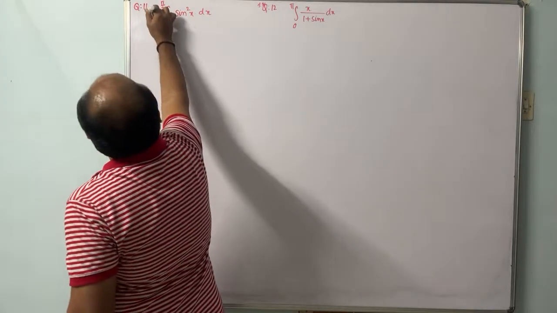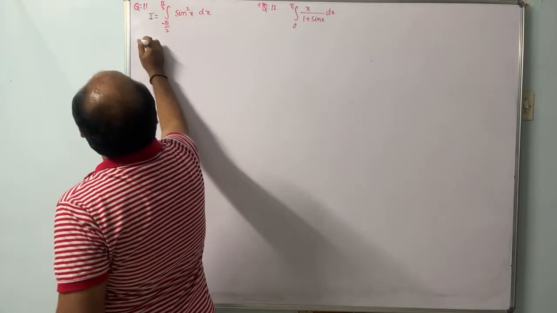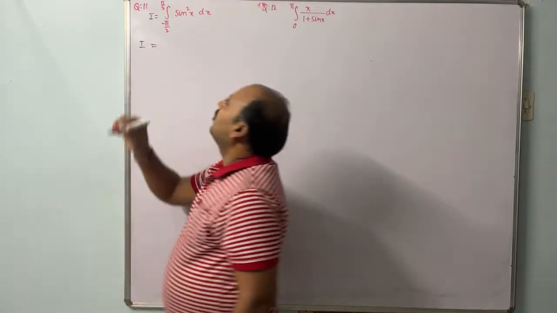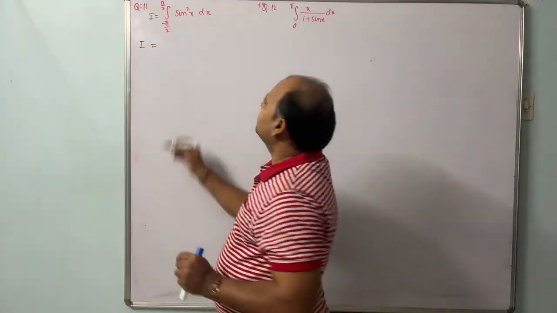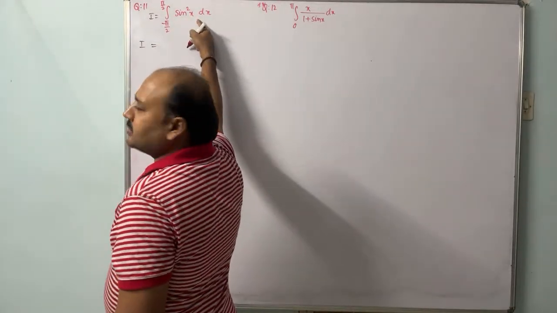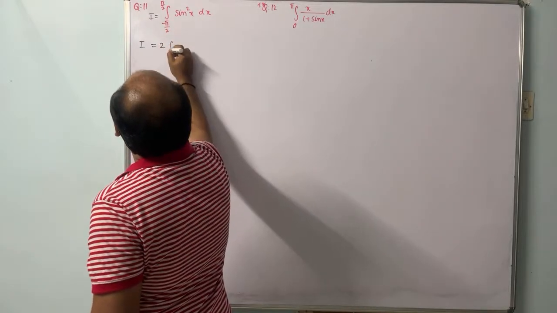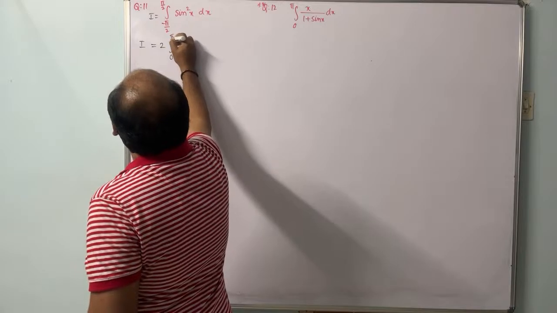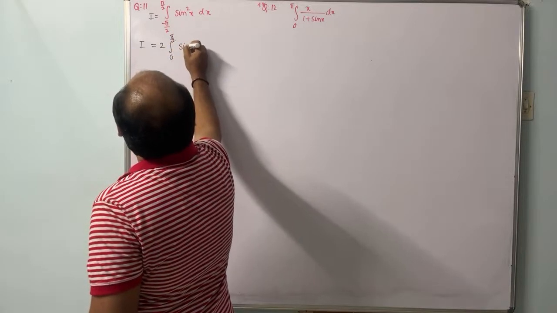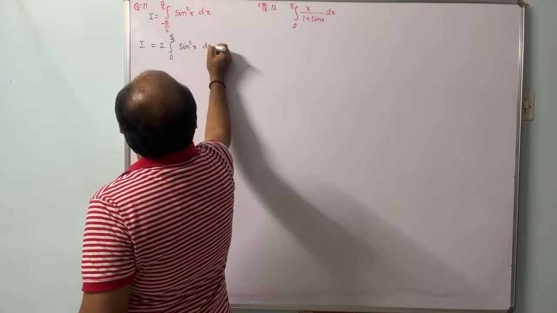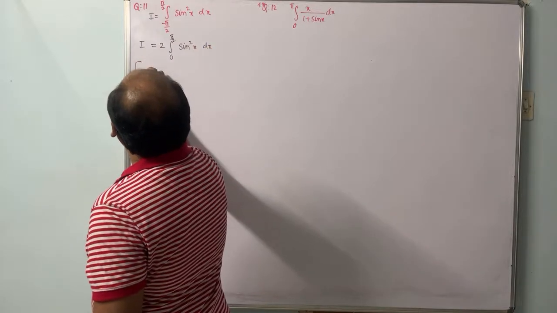First, the given integral is, let us say, I. Since sin square x is an even function, we can write it as 2 times the integral from 0 to pi by 2 of sin square x into dx. So why are we writing like this?